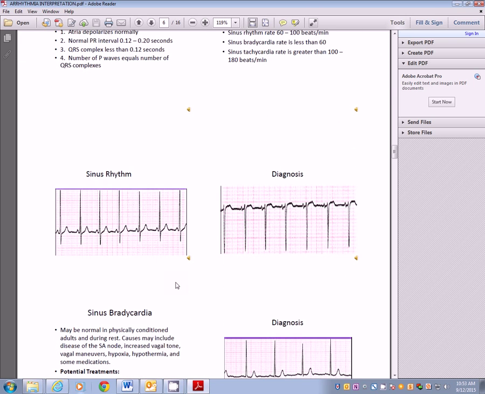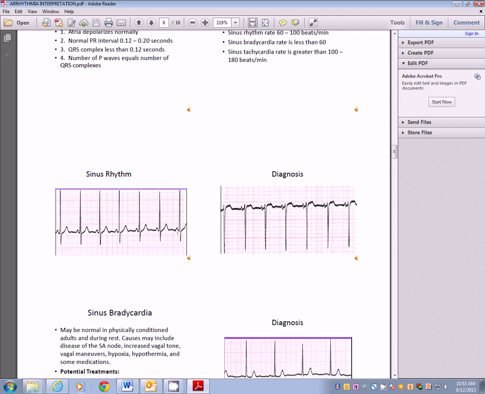Here are some nice sinus rhythms. The first thing you're going to look at is your handy handout I gave you. First, I ask myself, are there P waves present? P wave, P wave, P wave.